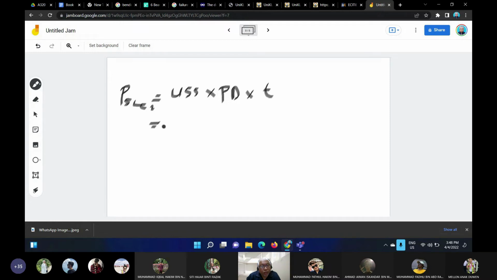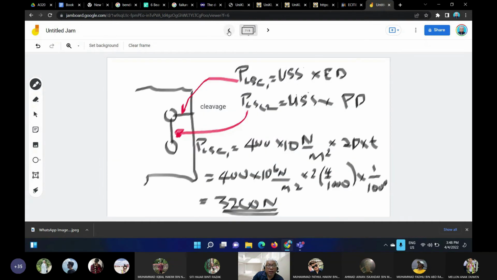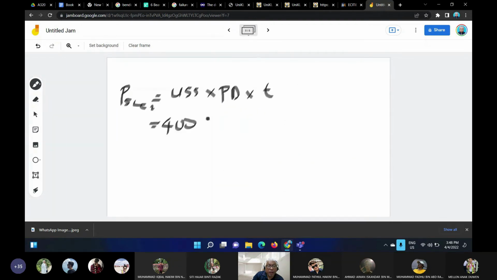Actually, I'm putting the shear stress too high because 400 is not shear. 400 is tensile, but I keep it just for convenience. So, talking about 400 megapascal, 10 to the 6 Newton per meter square, for the pitch distance we normally multiply by 5 times diameter times thickness.